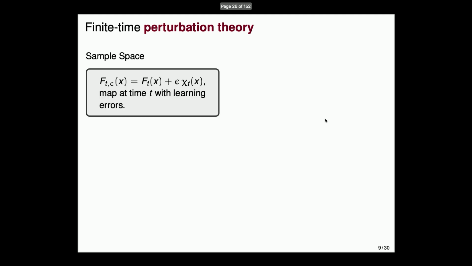So in sample space, if we make an error to the generative model, this is what we're interested in, because let's say Ft is the dynamical system at time t, which represents what happens at time t to our samples under the true vector field Vt, but we don't know the true vector field.